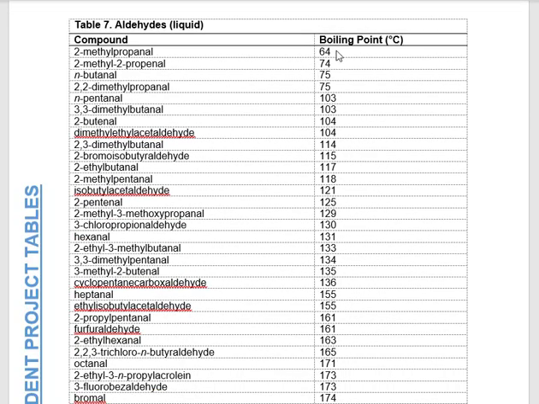If you know the boiling point and the functional group, say I knew it was an aldehyde that was a liquid, with a boiling point of say 132 to 137, you're really going to want to look somewhere in this 129 to 136 range. You can see there I have 1, 2, 3, 4, 5, 6, 7 options.